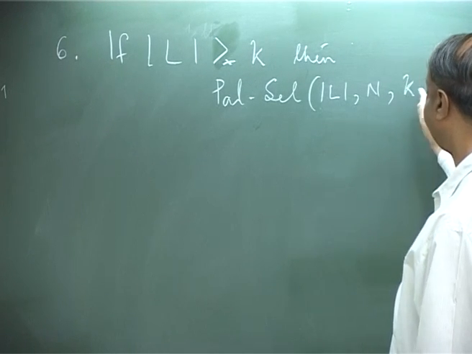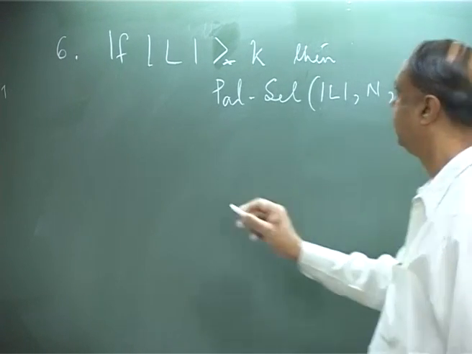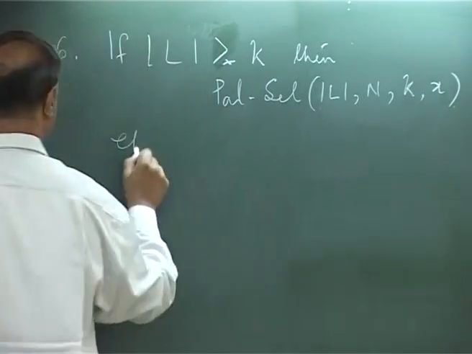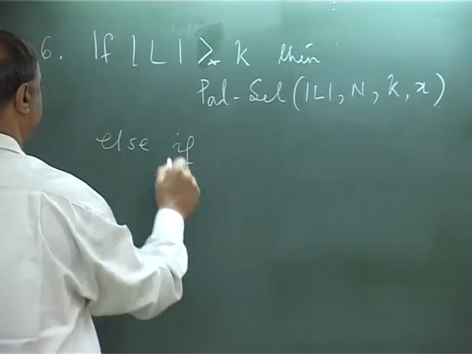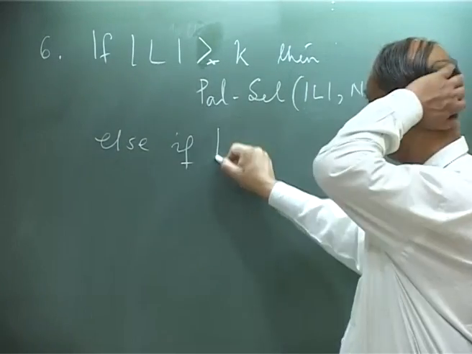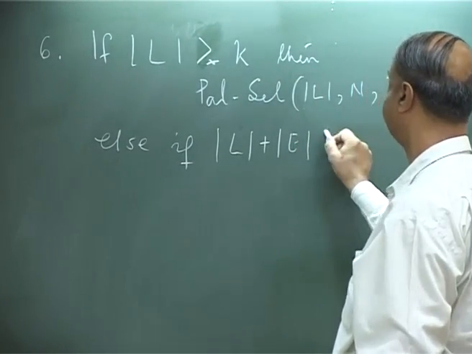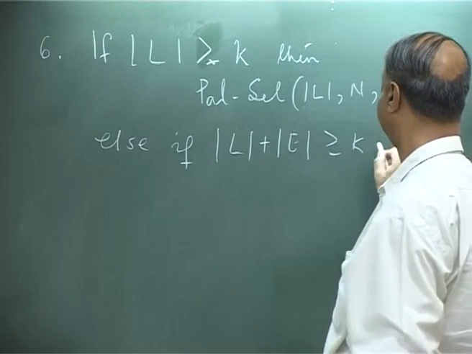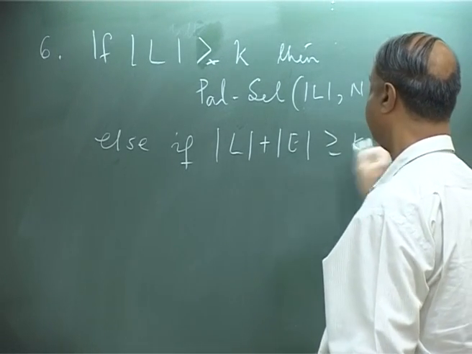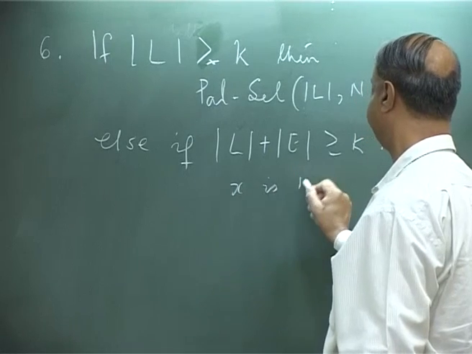You have to find the kth element, returned is your X. Else, if L plus E is greater than or equal to K, then X is the kth element.